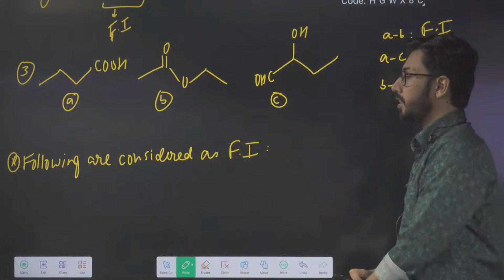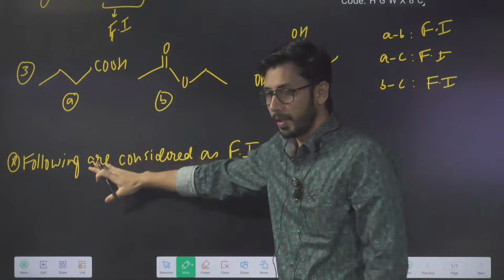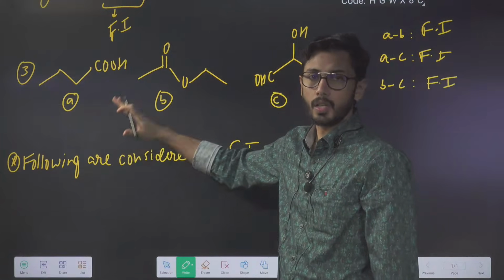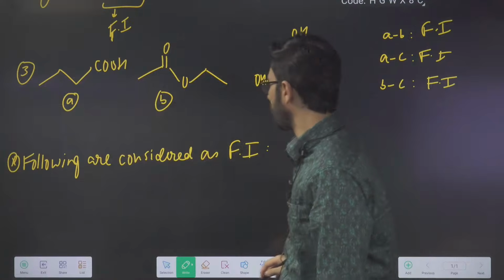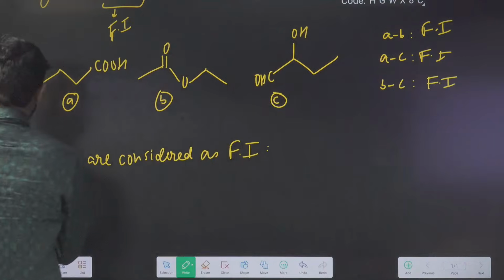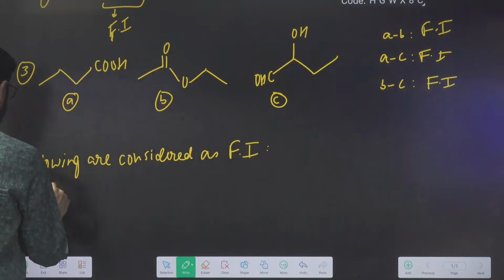Now, the next points we have to remember. Theoretical points that we use in example solving. The following are considered as functional isomers: first, alkyne and diene.